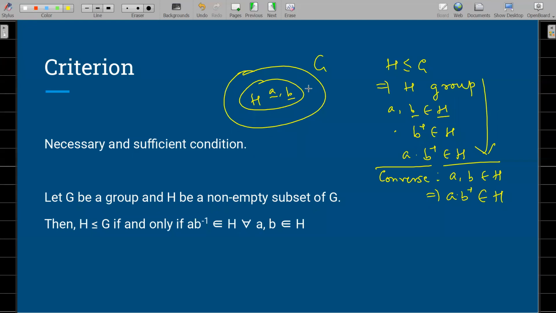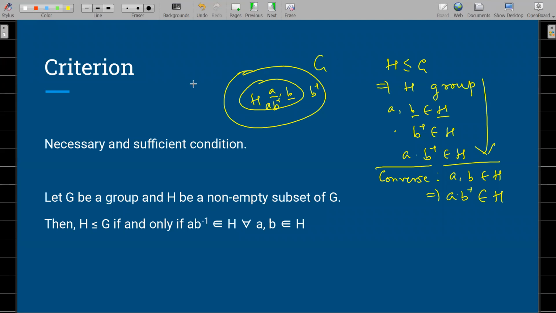And right now, I don't know whether b inverse is inside H. b inverse can be somewhere inside G. So it may be anywhere, but the condition says, in fact, a into b inverse, this product will come inside. That is what is given.